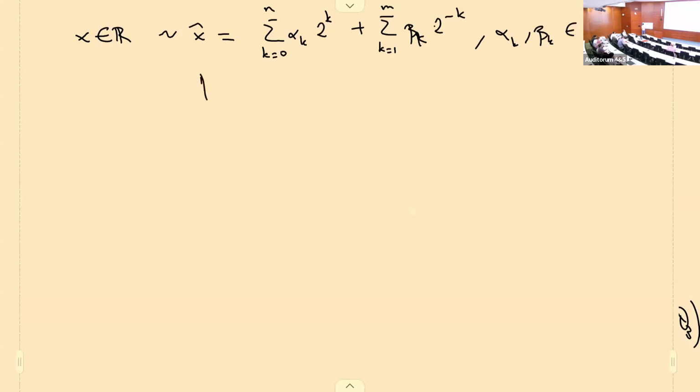And therefore, I can construct the state X hat from alpha n minus 1 down to alpha 0, beta 0 up to beta m. That's a very basic way of doing it. But of course, it means that I will need n plus 1 plus m qubits for one real number. It's clearly not efficient.